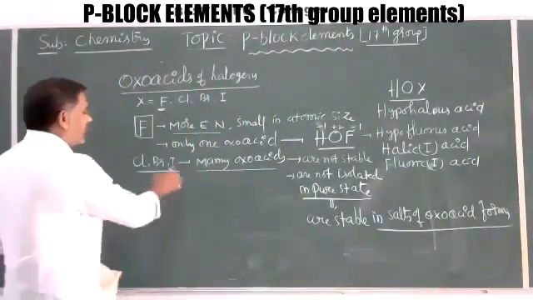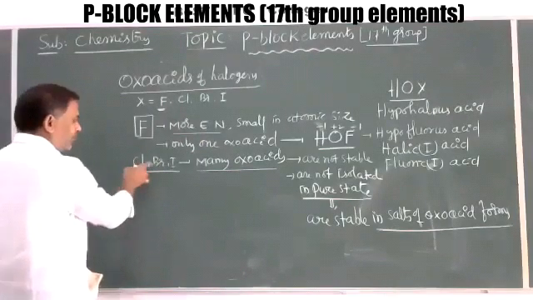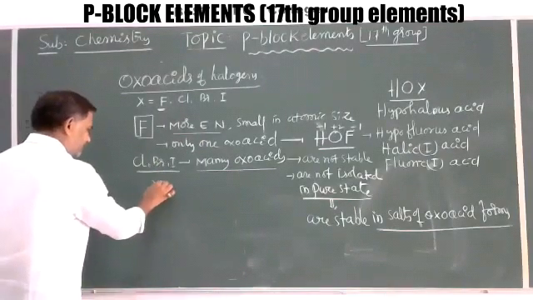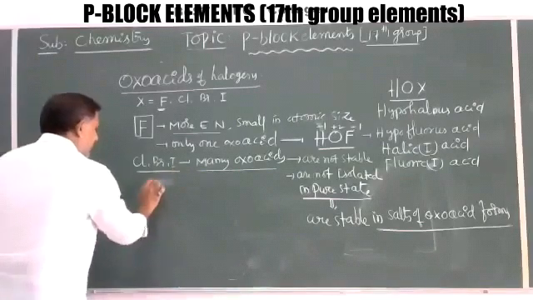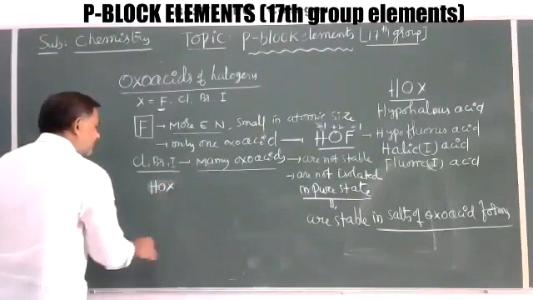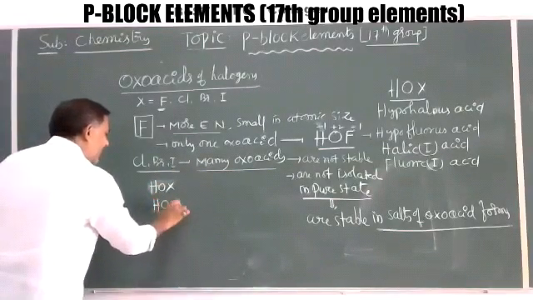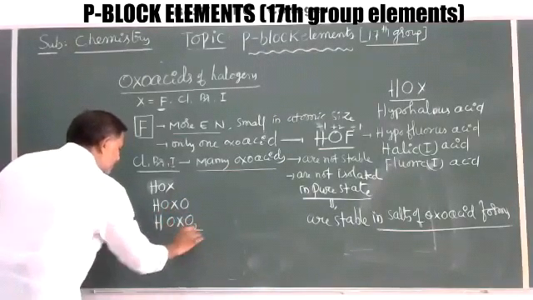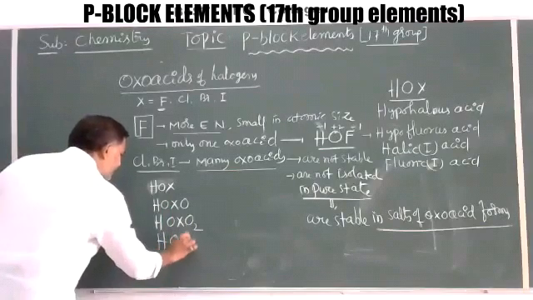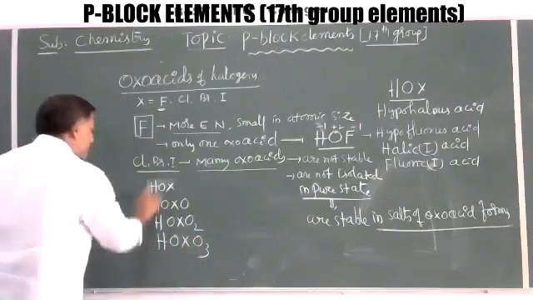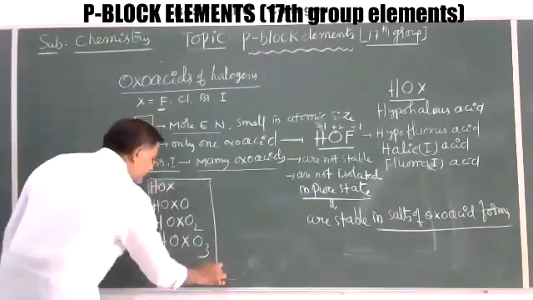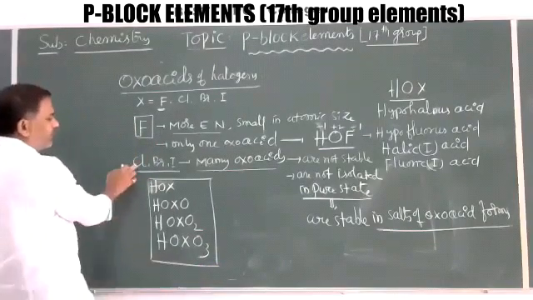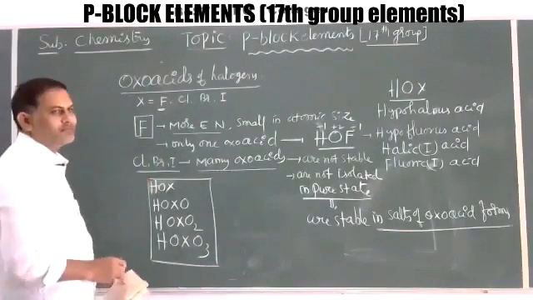Chlorine, bromine and iodine form HOX, HOXO, HOXO2 and HOXO3. These are some important oxo acids of chlorine, bromine and iodine.